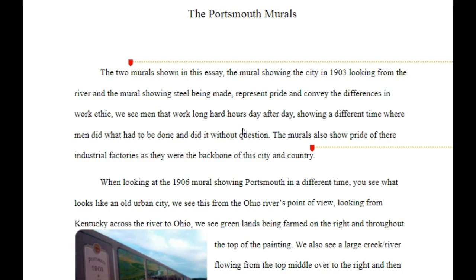Not in the "that's awesome, bro" kind of thing, but it's just a really awe-inspiring thing to look at, something so huge. And they even show you a little person there to show you the scale. So I think that might be one method that you can use to talk about what the murals are trying to accomplish. And there are other things that they do to try and get this pride idea across.